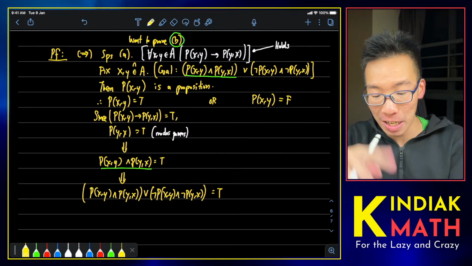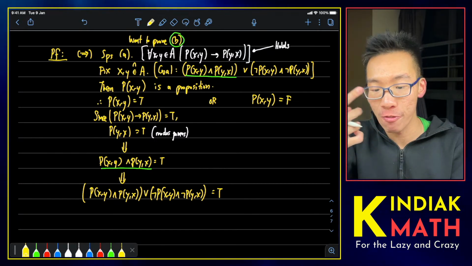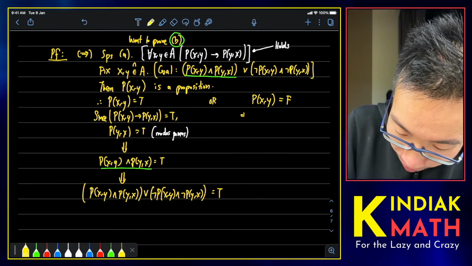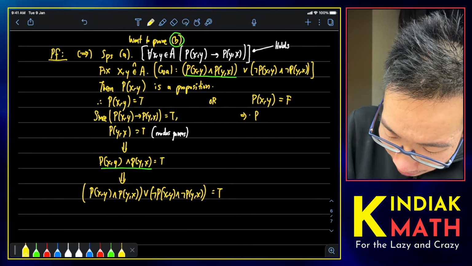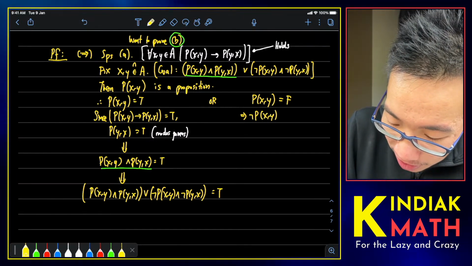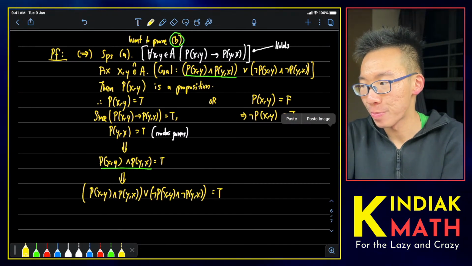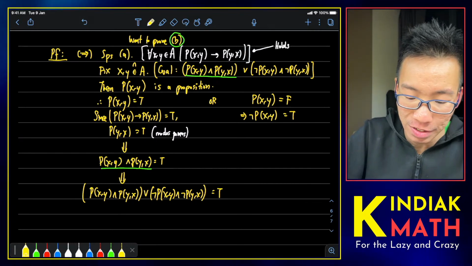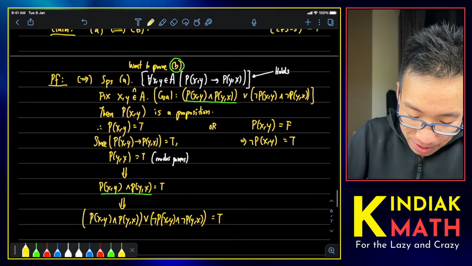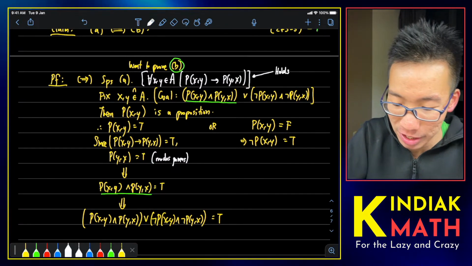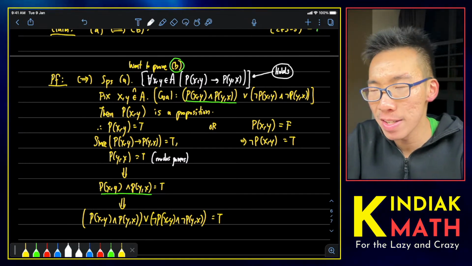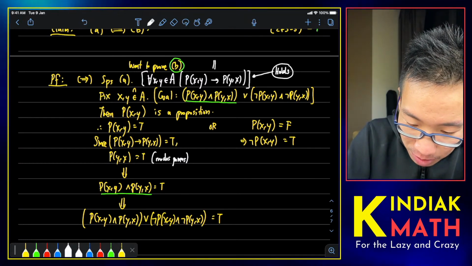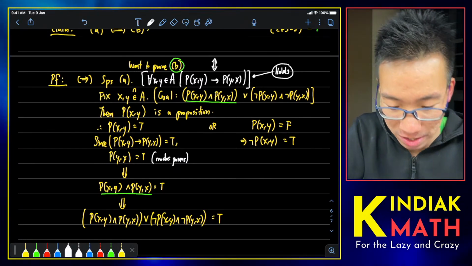Now there is a second part, when P(x, y) is false. And what does that tell us? It tells us that the negation of P(x, y) is true. So what tricks do we have up our sleeves? Well, this weapon that we have here is very sneaky. Because it's an implication, we can actually write it in terms of its contrapositive.